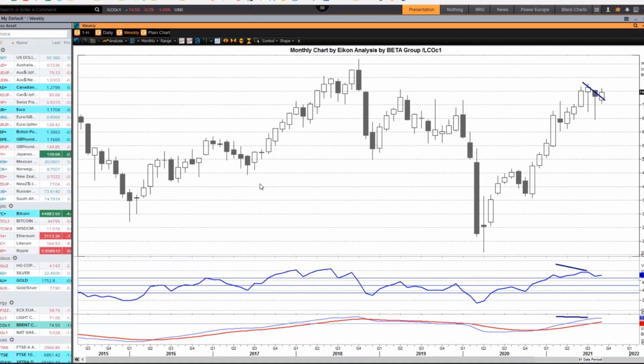It's going to make those breaks, or it's going to fail. And look how vicious this was the last time it failed here. It went from 75 or 80 bucks down to below 20 bucks. Wow. So it's possible that it can do that kind of thing. So it's going to do one of those two things.